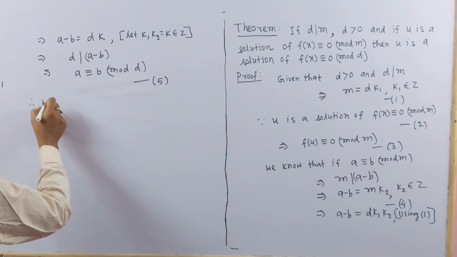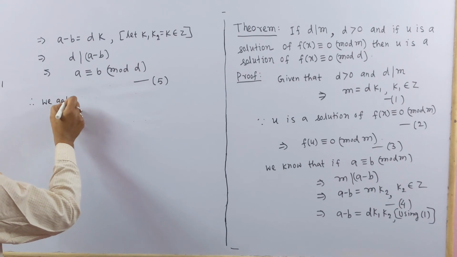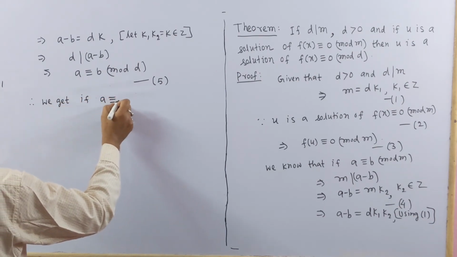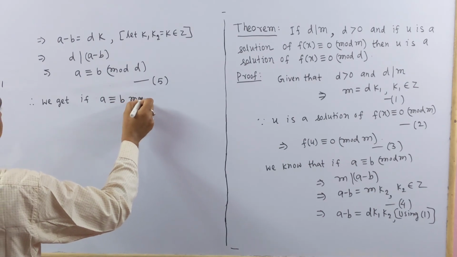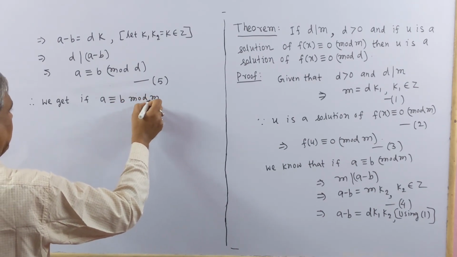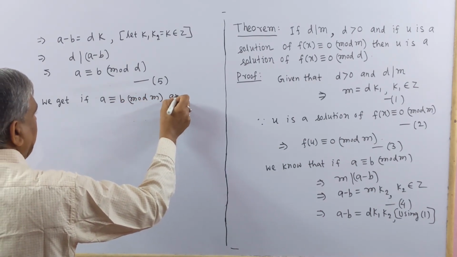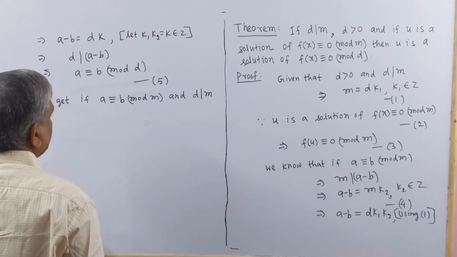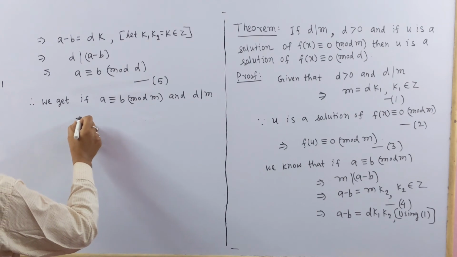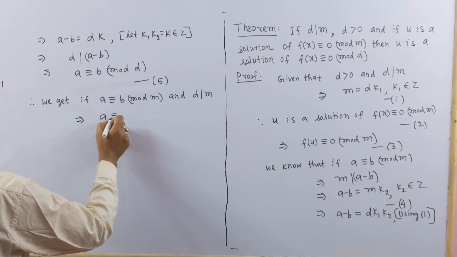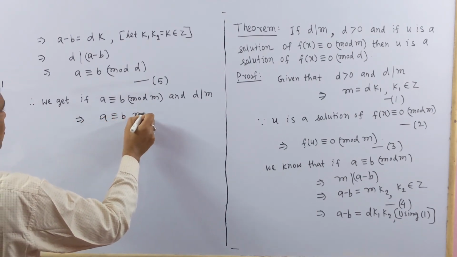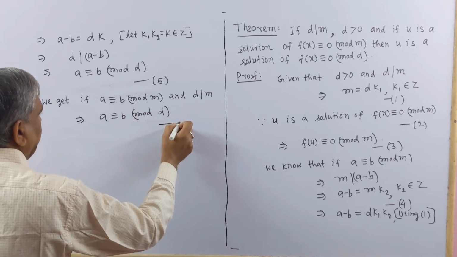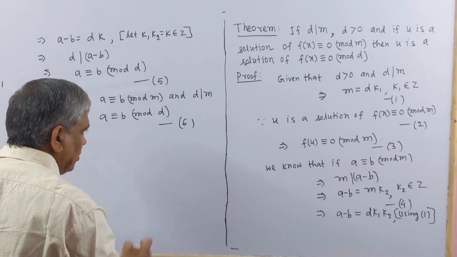Therefore we get: if a is congruent to b modulo m and d divides m, it implies that a is congruent to b modulo d. This is number 6.